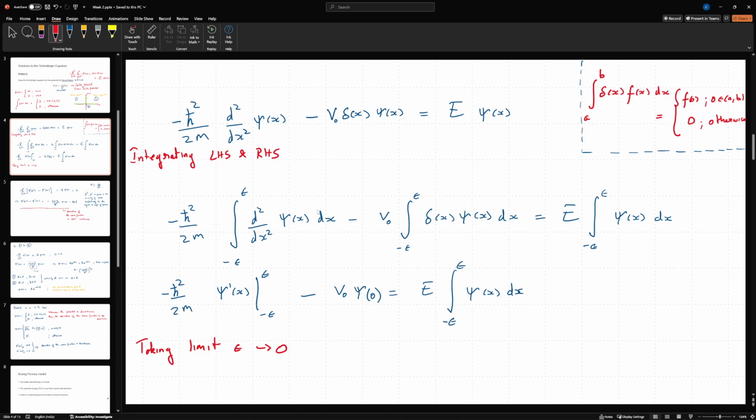So then on the left hand side I will have the difference between the derivatives. The right hand side I will have 0. So the difference between the derivatives is 0, which implies the derivatives themselves are continuous. When V naught is not continuous, that discontinuity will be absorbed into the first derivative of the wave function also. The wave function itself will be continuous, as it has to be.